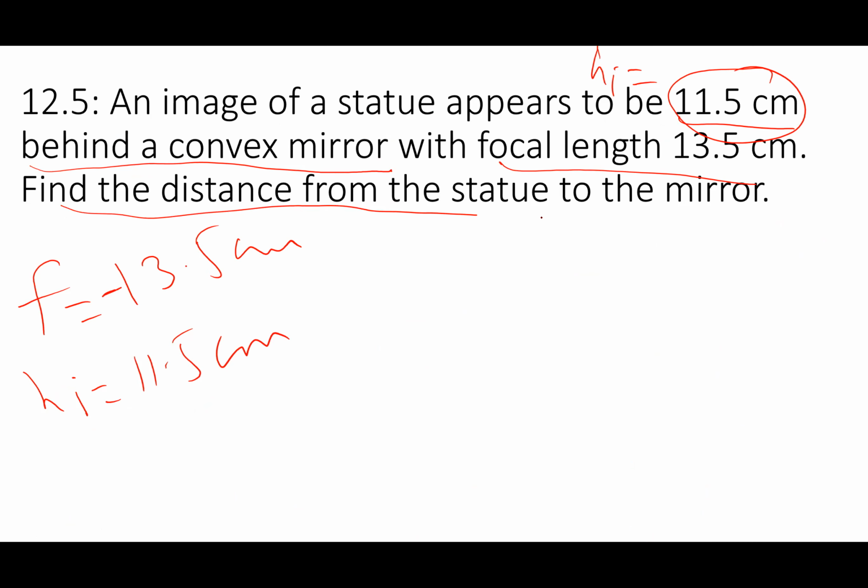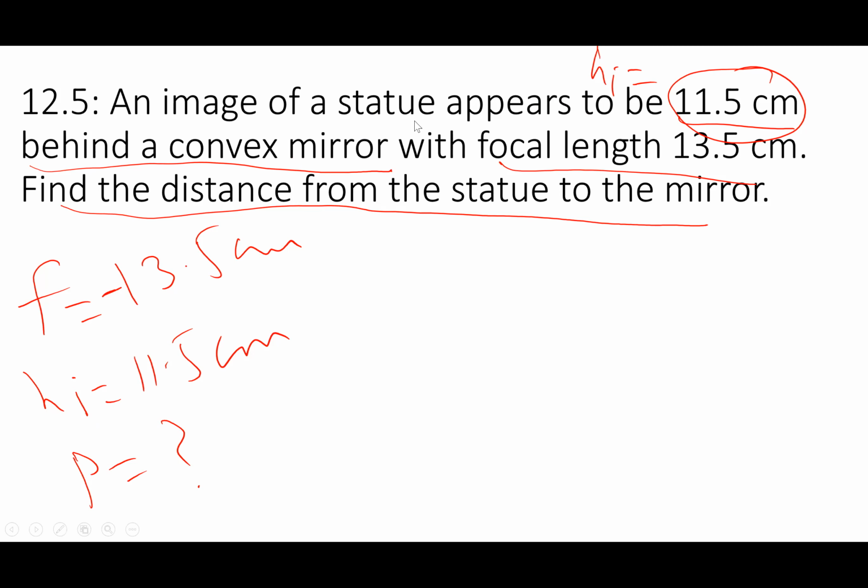Find the distance of the statue from the mirror. Object distance we have to find. So first we will find, it appears to be this one behind the mirror. Use the simple formula.